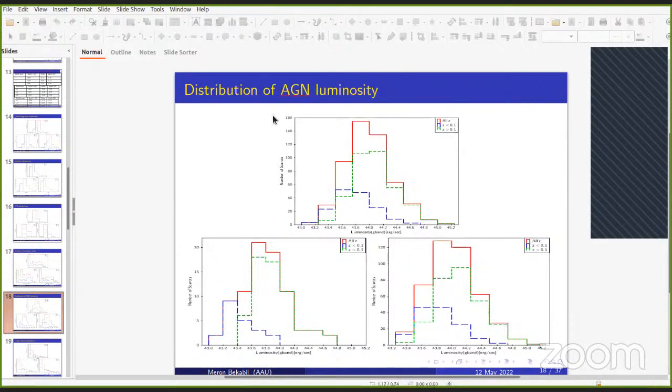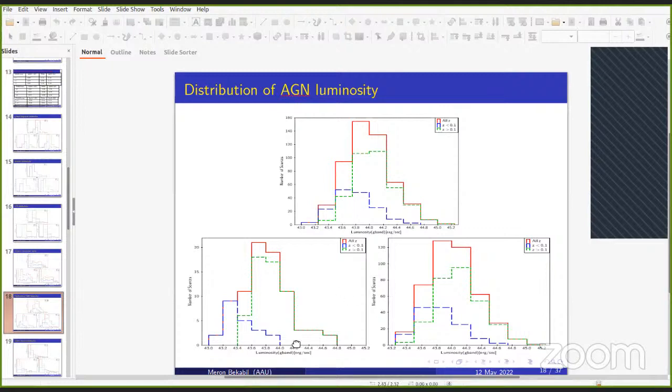The next one is about the luminosity of the AGN sample that we have. We found that most of the AGNs at high redshift are more luminous, around 44 erg per second. And at low redshift, there is a little change. They will go to this one. Again, it is high, but we see a little change.